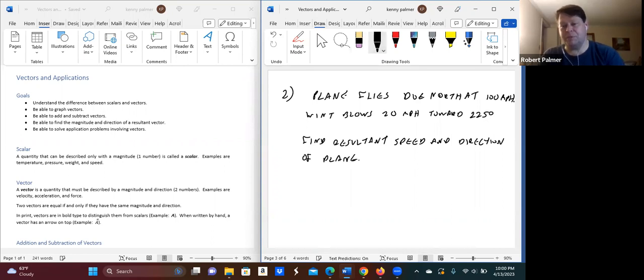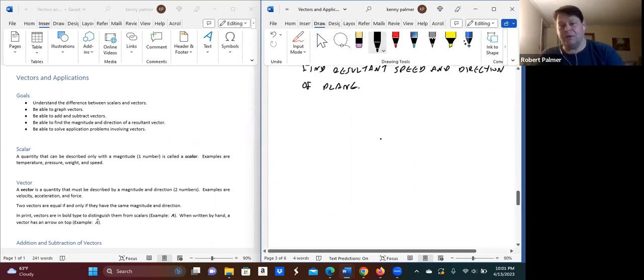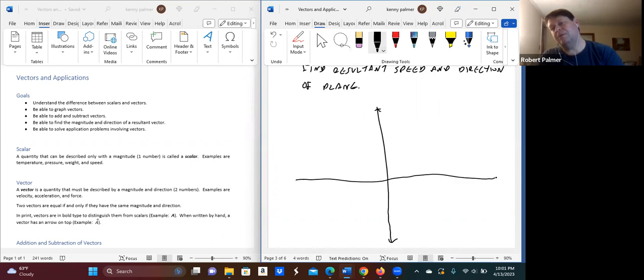Okay, once again, let's draw a picture to make some sense of this. A good chance you may know this, but with planes and ships, due north is considered to be 0 degrees.